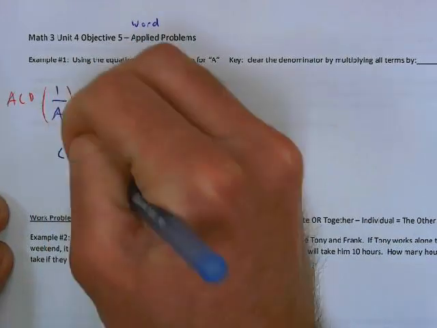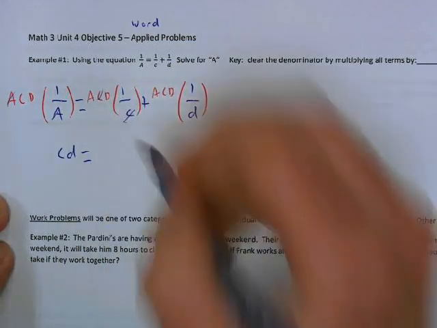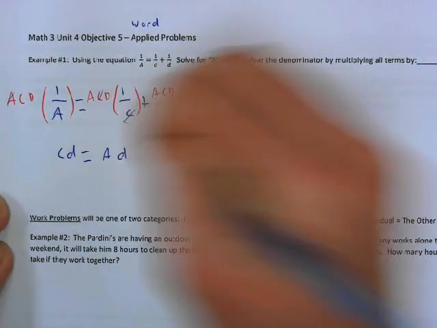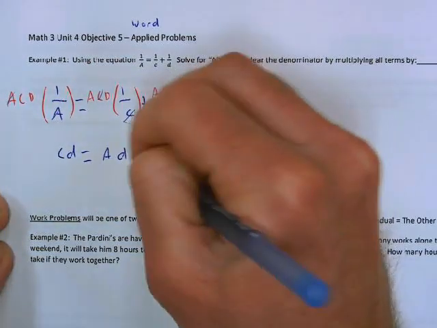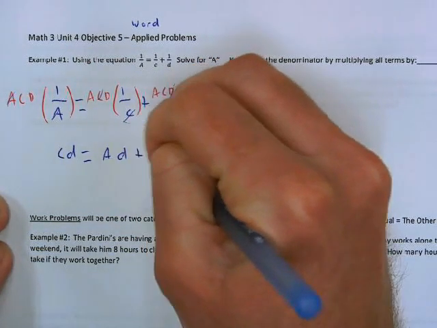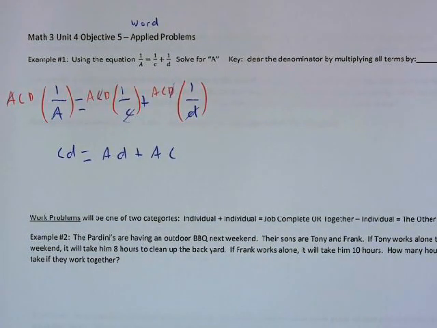Here, the c's are going to reduce, and I get 1 times ad, which is ad. And then here, the d's are going to reduce, and we get 1 times ac, which is positive ac. Good, we got a out of the denominator, and we got rid of our fractions.